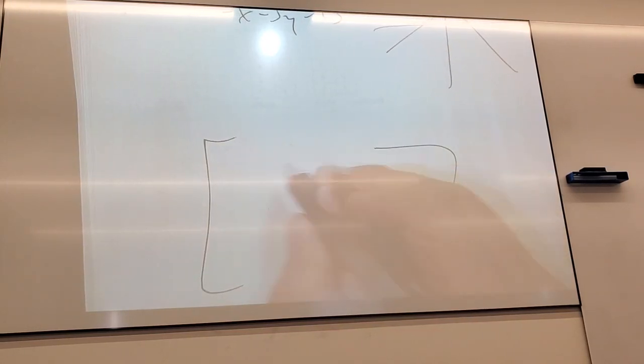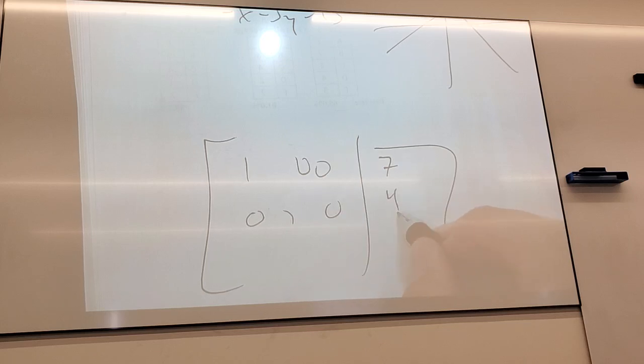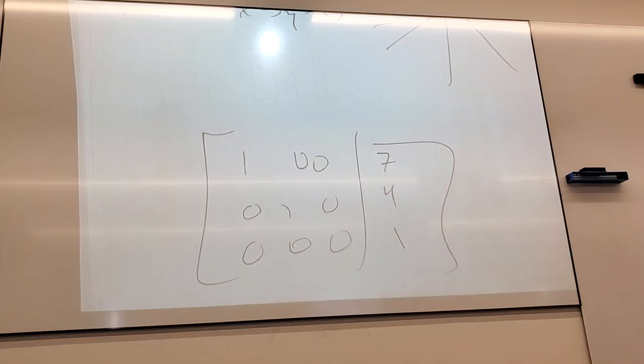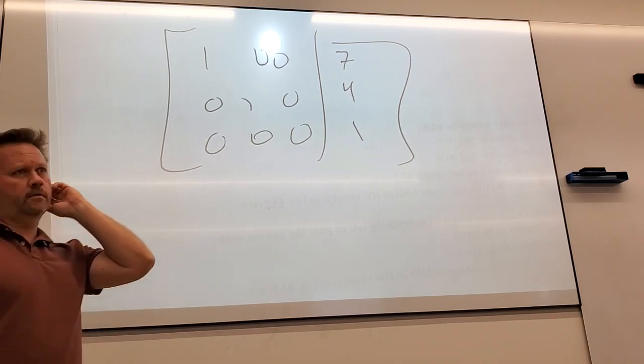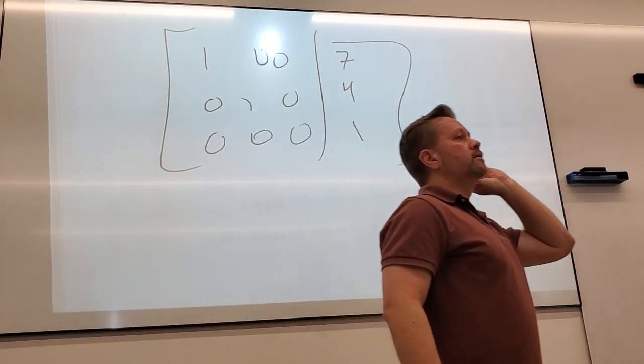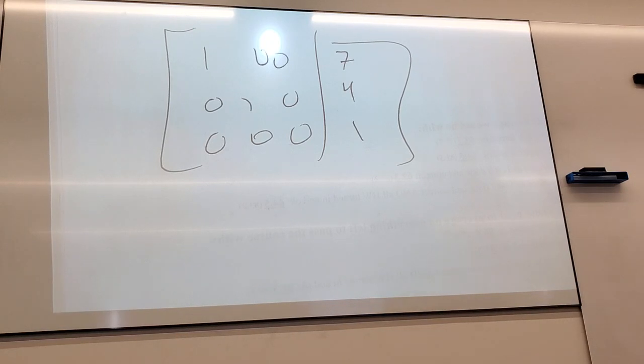So what would that look like? You would row reduce something and it would look like this. Do you guys see an immediate problem there? There's no variable. Yeah, what's that last row say? What's the middle row say? It's trying to be a 1, by the way.